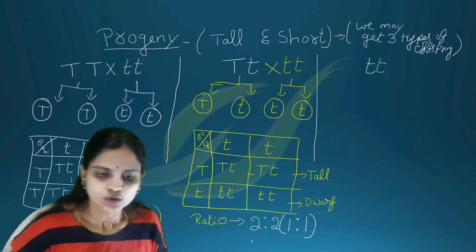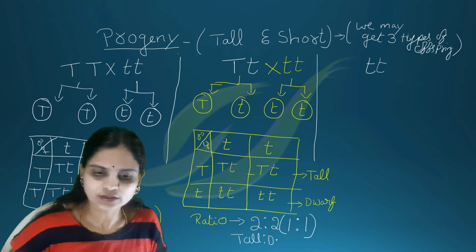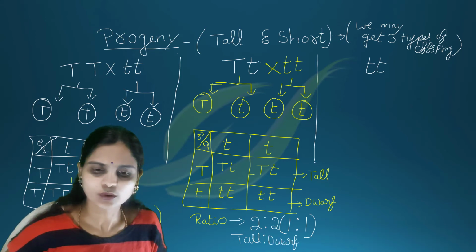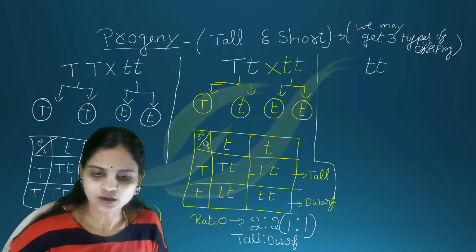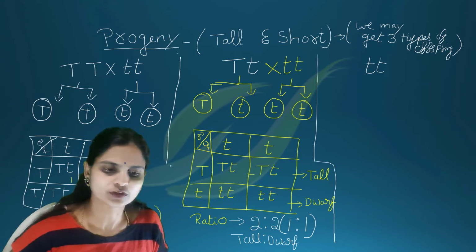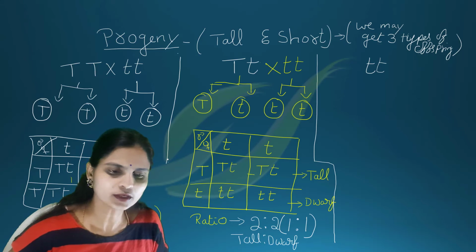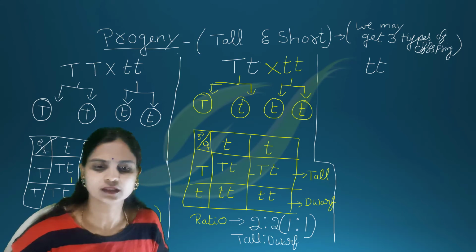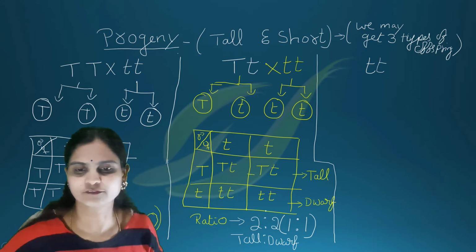So tall and dwarf are both obtained equally. 50% of them are tall and 50% are short. Got it? So this is the ratio we have got.